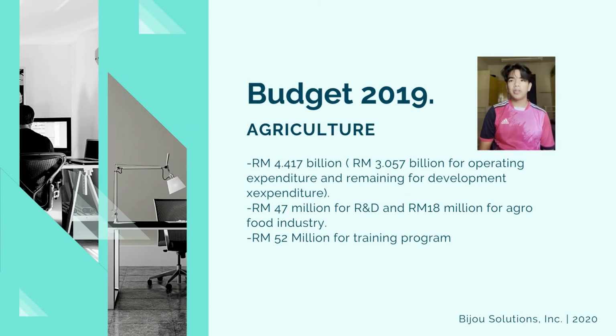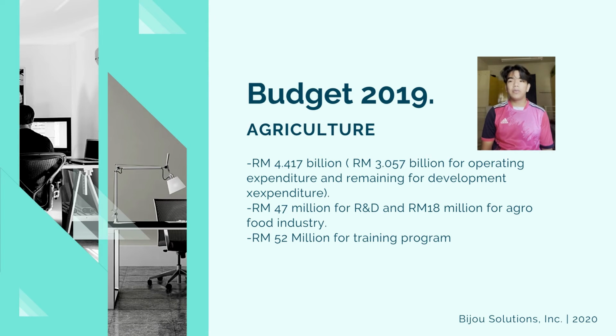Now I will explain about the budget in 2019. First of all, in the 2019 budget for the agriculture sector, around 4.417 billion was spent, of which 3.057 billion was for operating expenditure, and the remainder was for development expenditure.